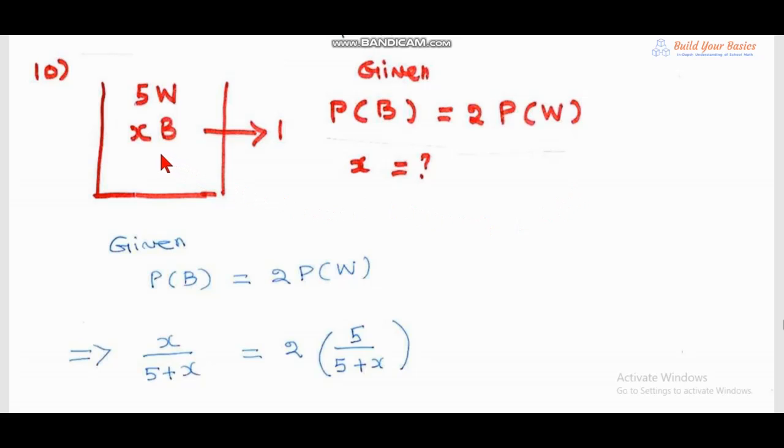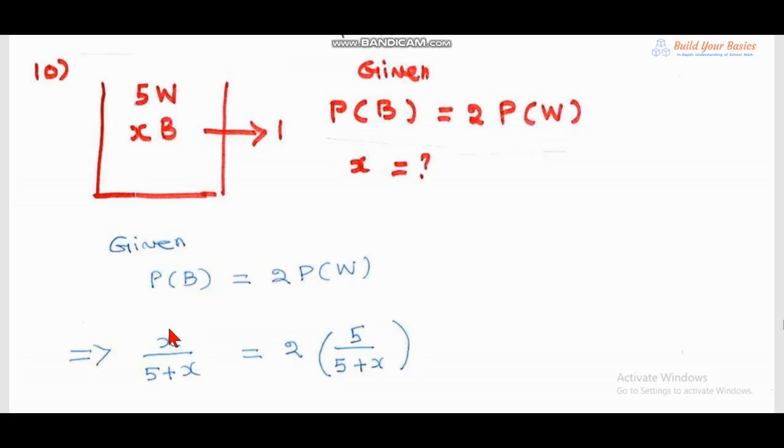Let the number of black balls in the bag be X. Then it is given probability of B, that is probability of drawing a black ball, is twice the probability of drawing a white ball from the bag.